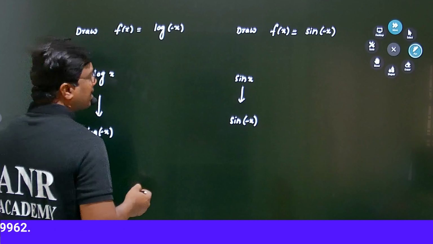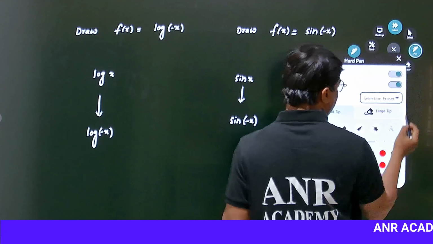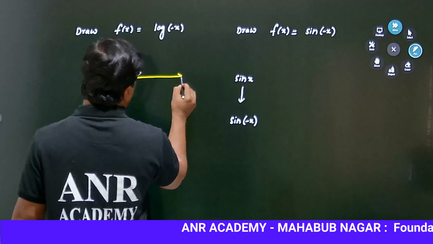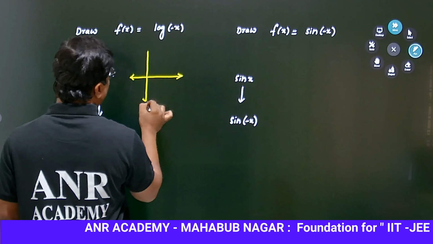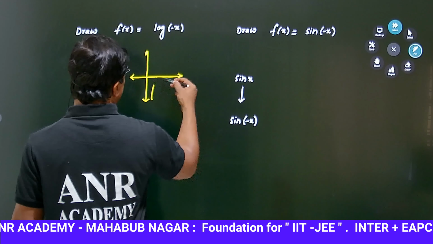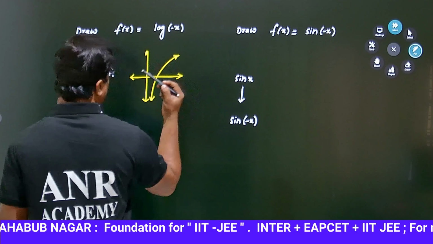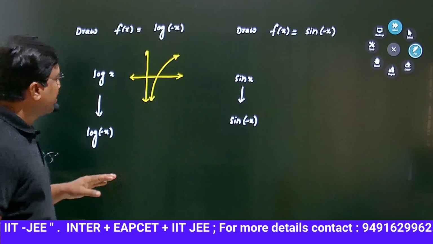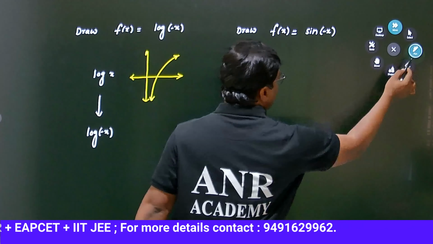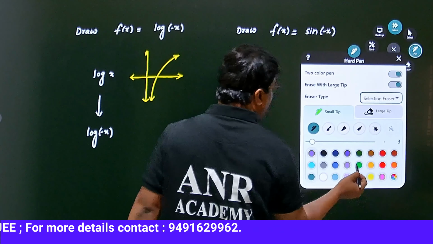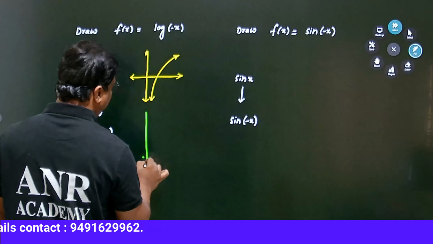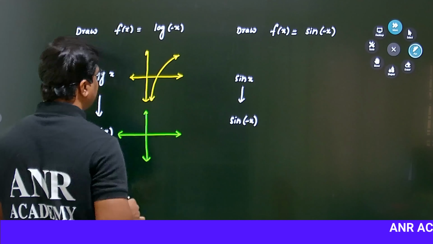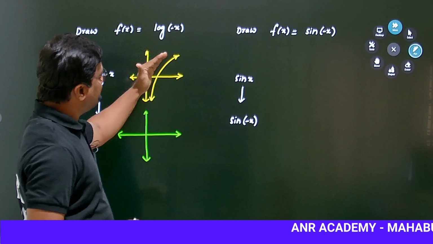You know the graph of log x, for natural base it is log x. When x changes to minus x, then you have to draw the graph which is symmetric about the y-axis, right? Just now we discussed the transformation: here just symmetric about the y-axis. This is the y-axis and this is the function.